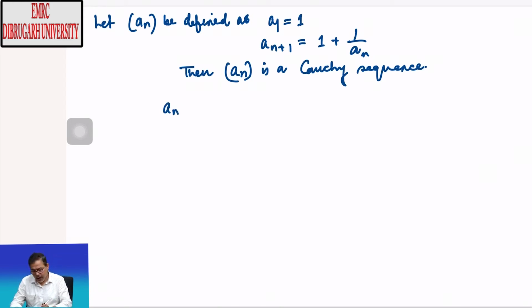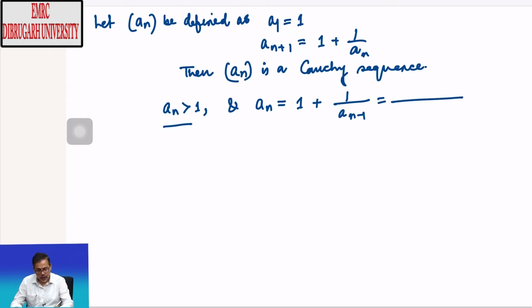Now, a n is greater than 1, and we can observe this. a n is 1 plus 1 by a n minus 1.